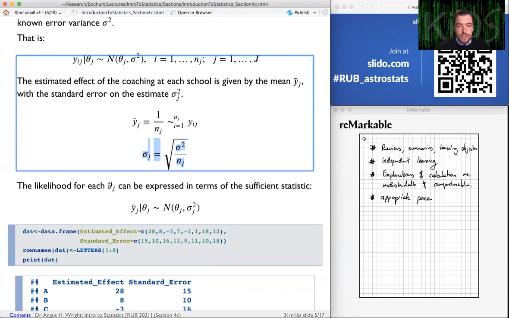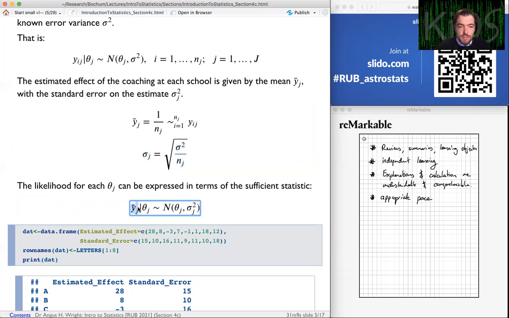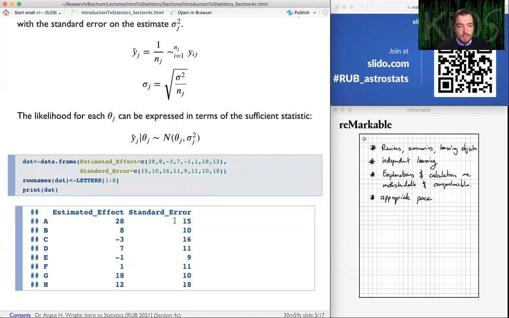So for each school, the observed effect, given their underlying true effect, follows just this Gaussian distribution. Now, these are the data.